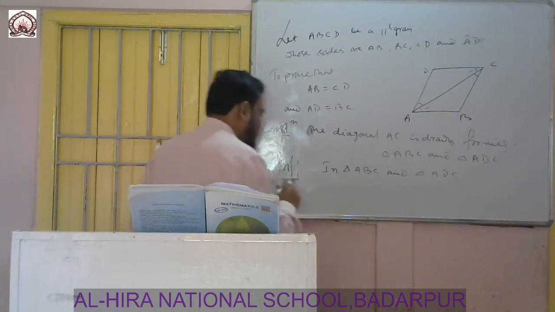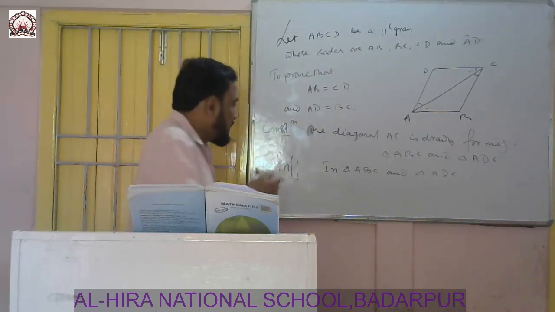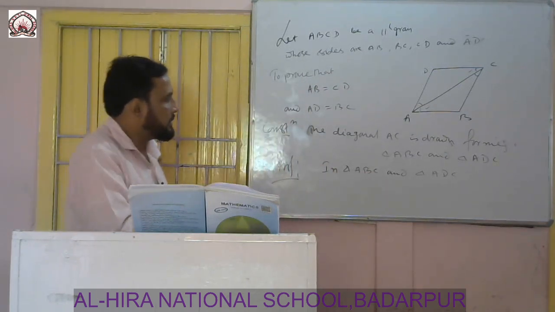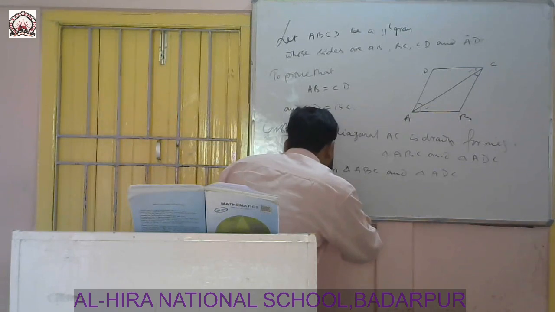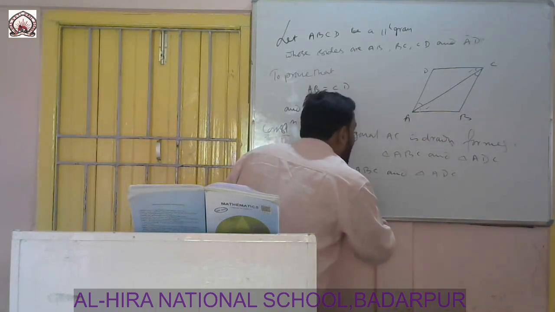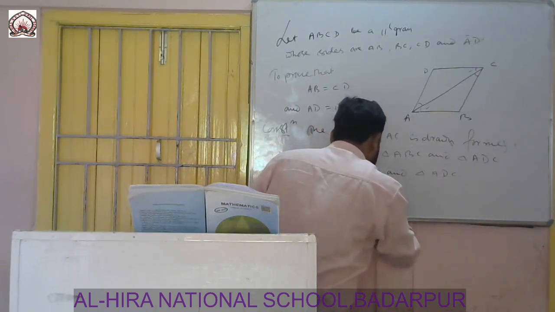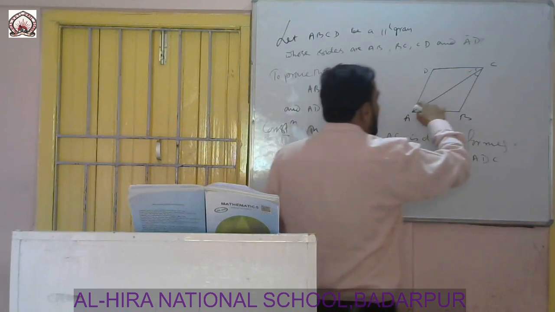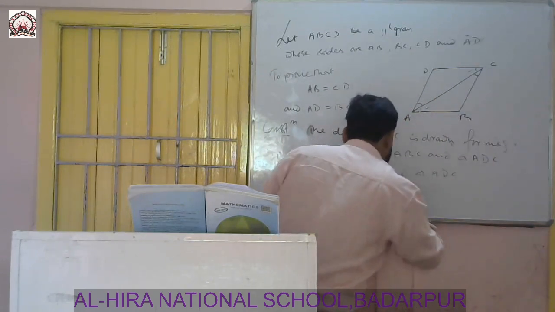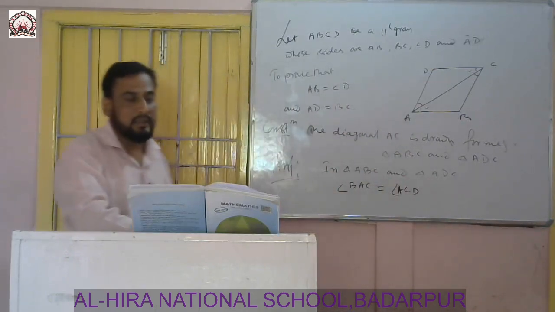Proof. In triangle ABC and triangle ADC, angle BAC is equal to angle ACD, and angle ACB is given with the tick mark. Look at the diagram on the board.